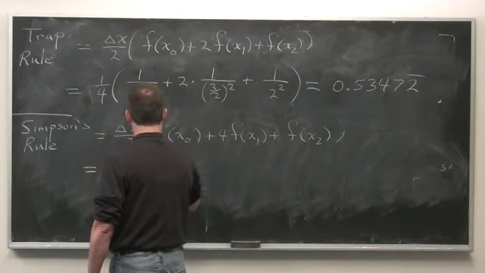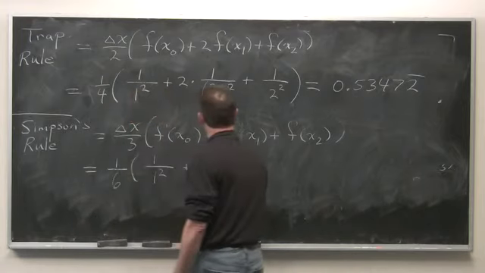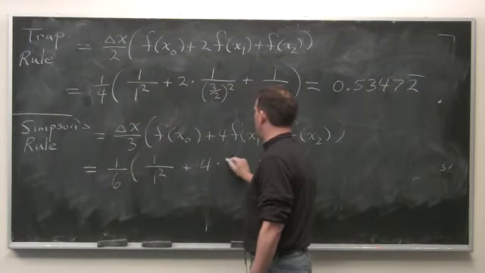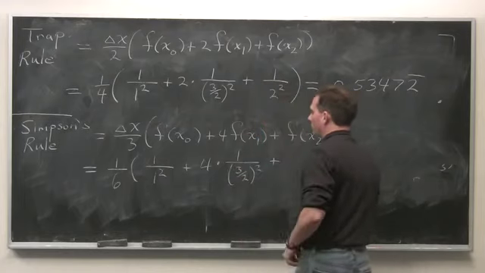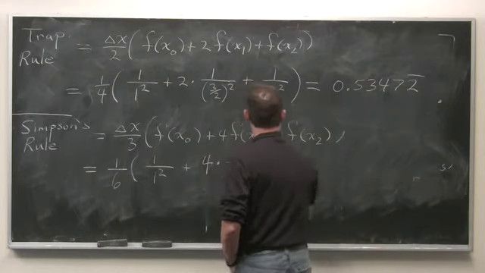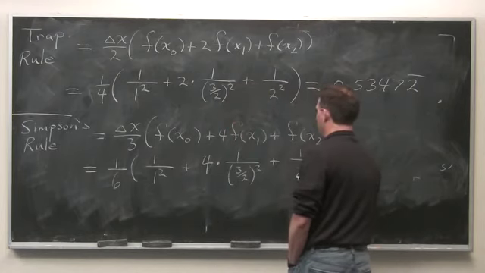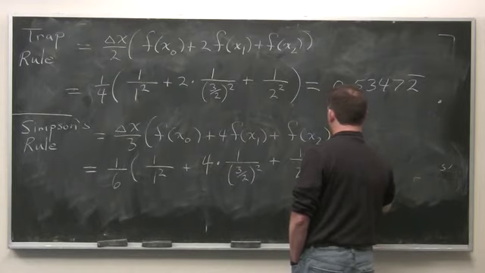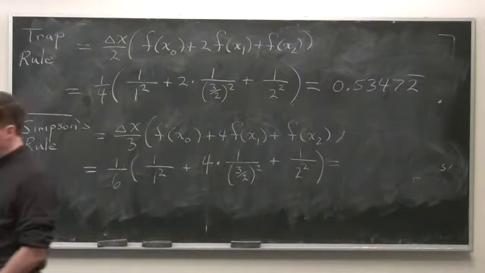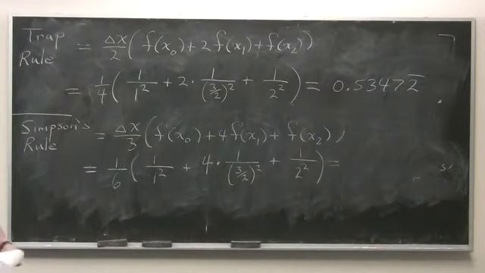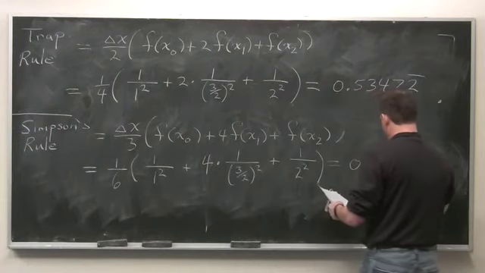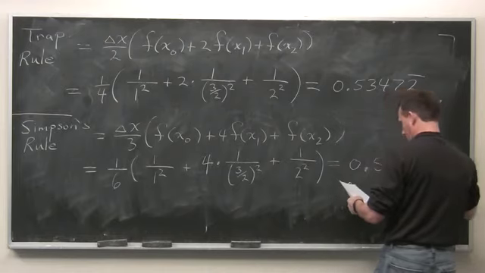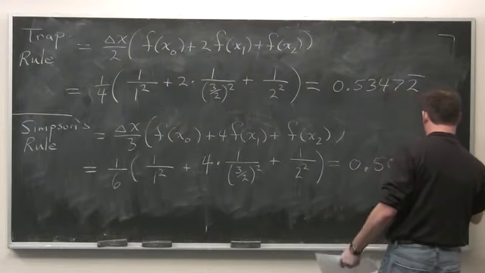And f of x naught hasn't changed. It's 1 over 1 squared. And then we get plus 4 times f of x1, which is 1 over 3 halves squared, plus 1 over 2 squared. And what does this equal? This equals exactly 0.504629 repeating.